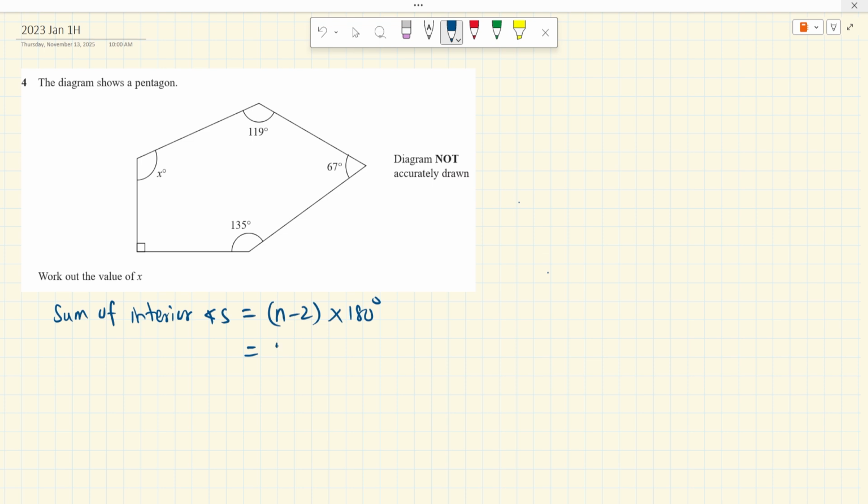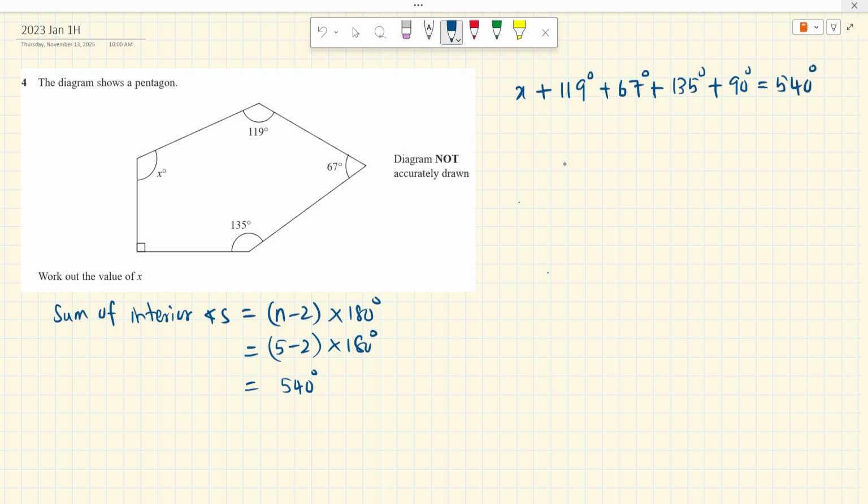And we know 5 minus 2 times 180. 5 minus 2, 3 times 180, 540. Then we can write x plus 119 plus 67 plus 135 plus 90 equals 540.